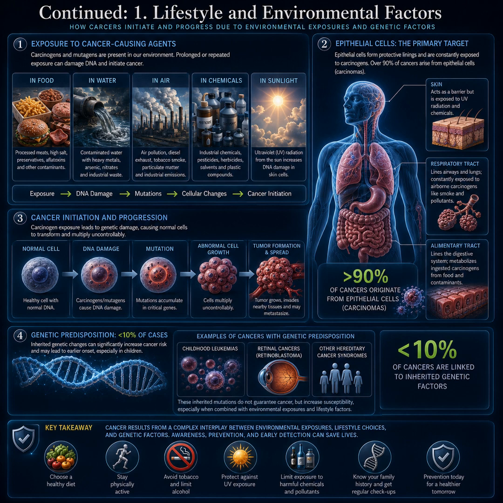Over time, these abnormal cells form a tumor, which may eventually invade nearby tissues and spread to distant organs through metastasis. Cancer is therefore not simply uncontrolled growth. It is the end result of years of accumulated genetic damage and biological evolution.